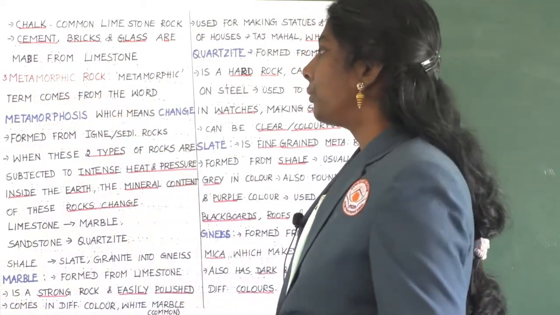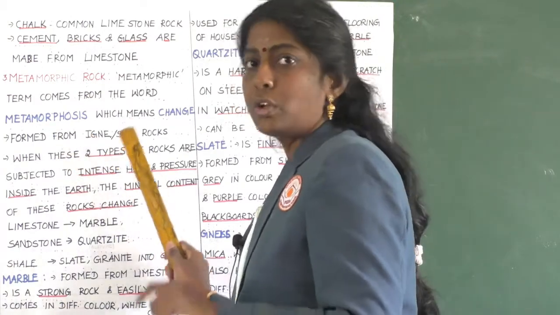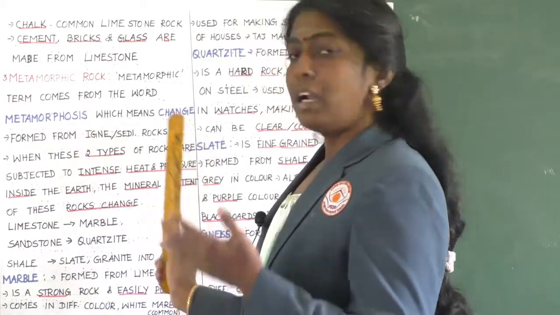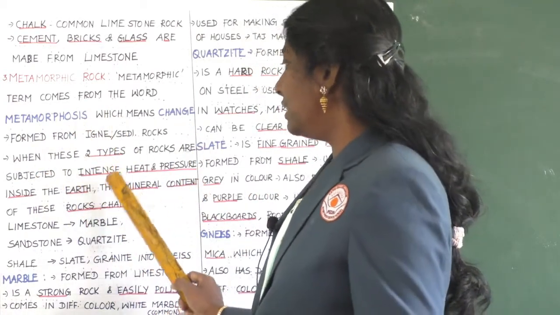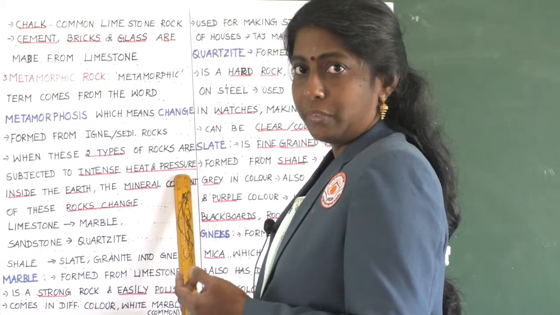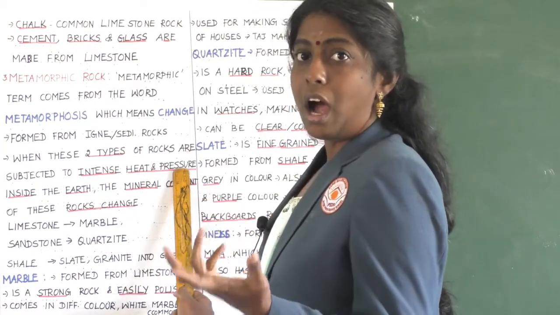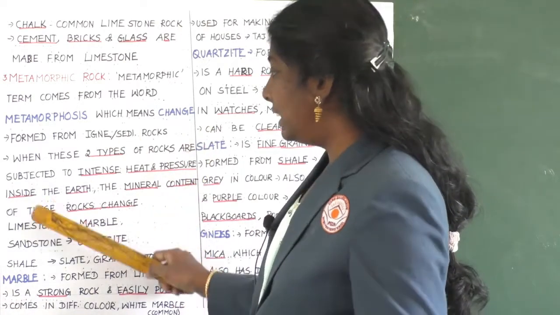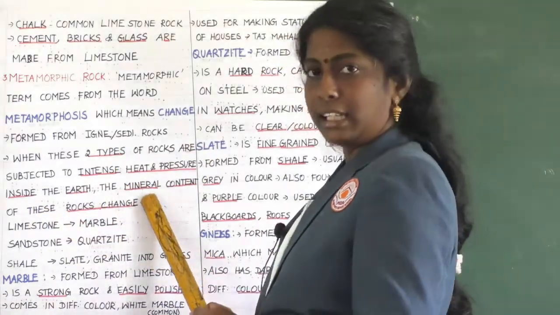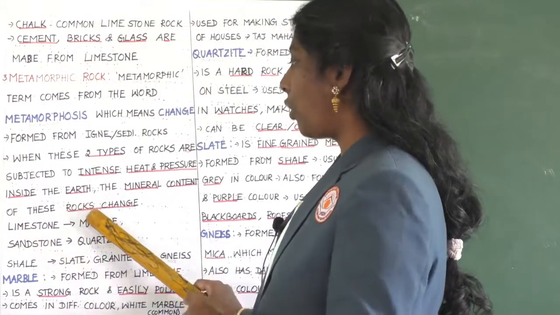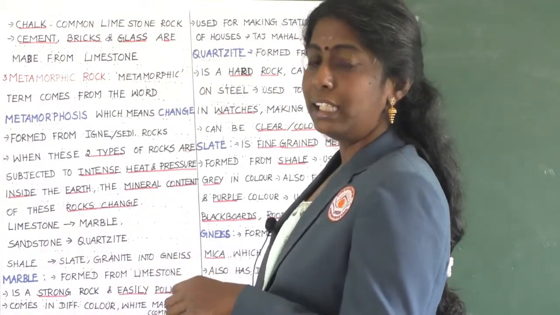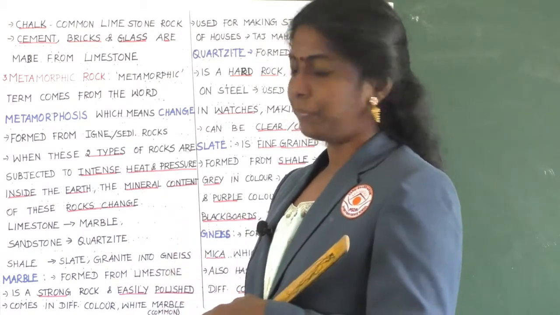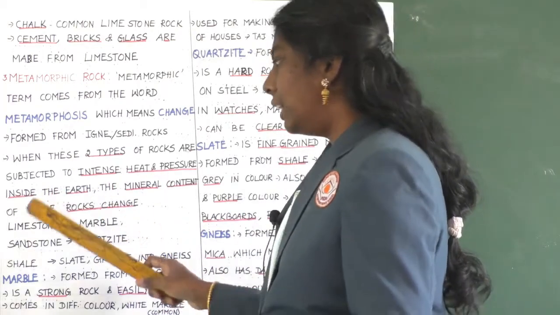When these two types of rocks, igneous and sedimentary, are subjected to intense heat and pressure inside the earth, the mineral content of these rocks changes. So the inner composition, the minerals, gets changed.